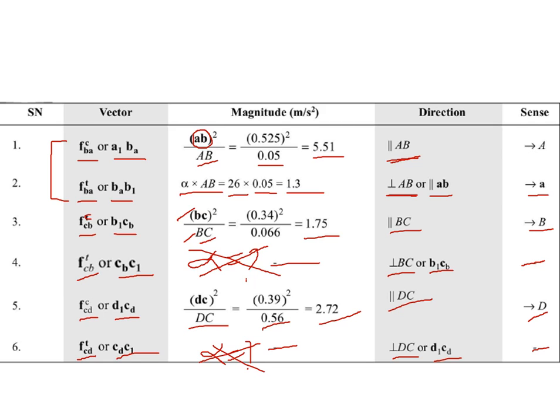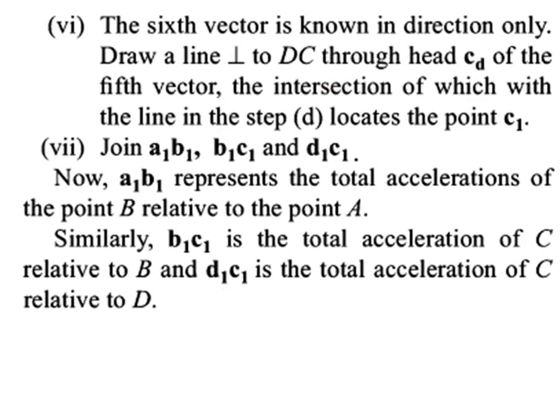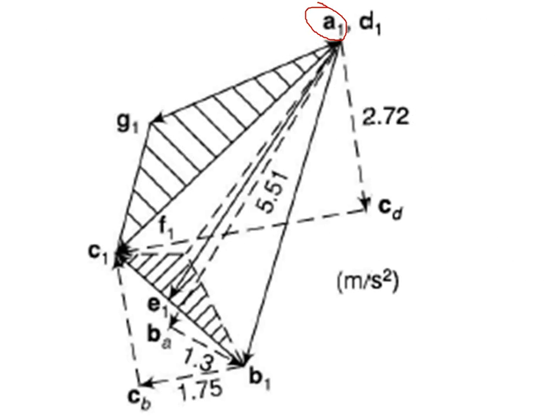That is A1 BA, that is 5.51. So take a suitable value of 5.51 and draw parallel to AB. So taking a parallel, you will be getting a line like this, that is from A1 to BA.